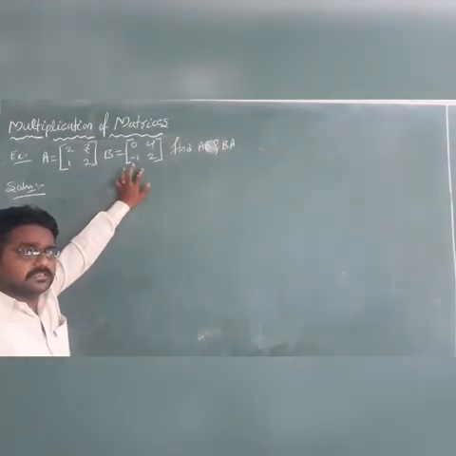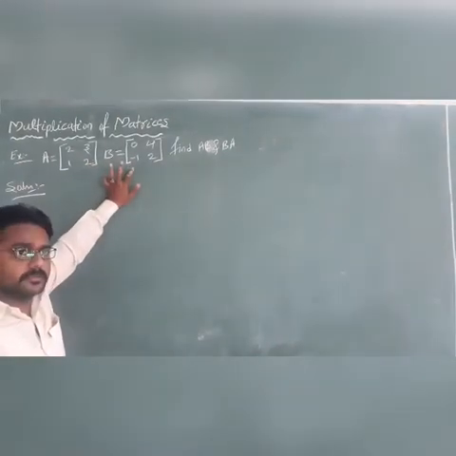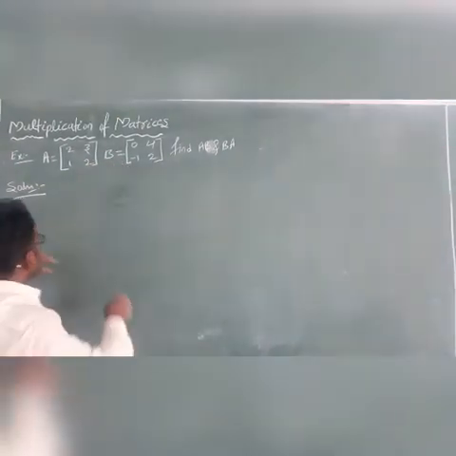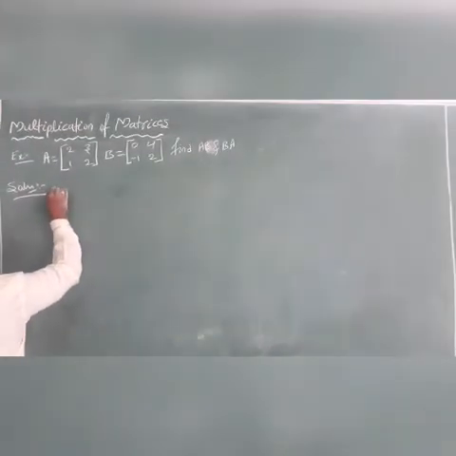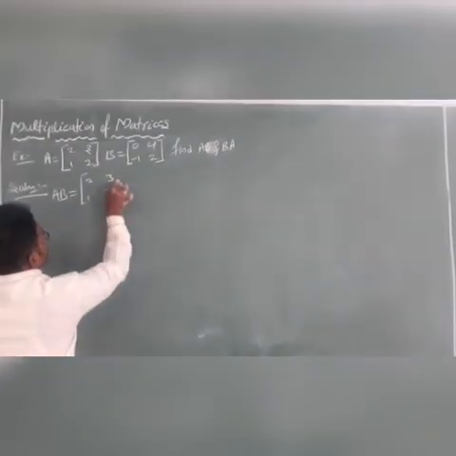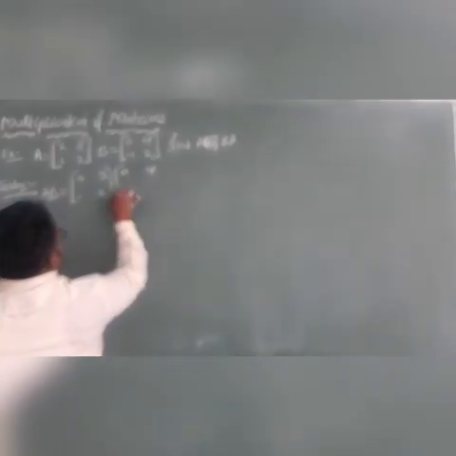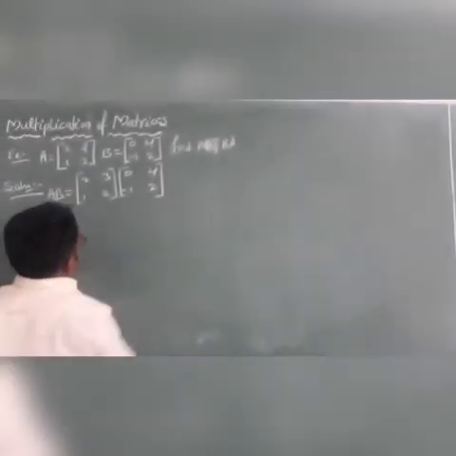So the condition, the number of columns of the matrix A equals the number of rows of the matrix B, exists. Okay. So AB equals 2 3 1 2 and matrix B 0, 4, minus 1 and 2.